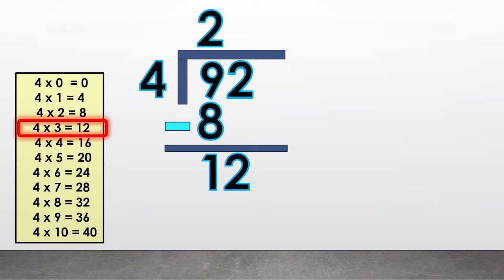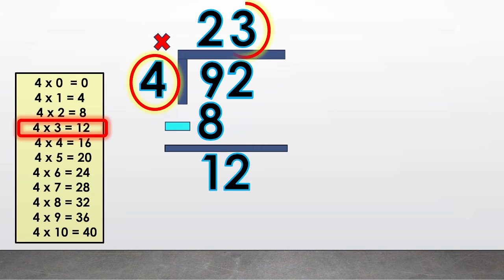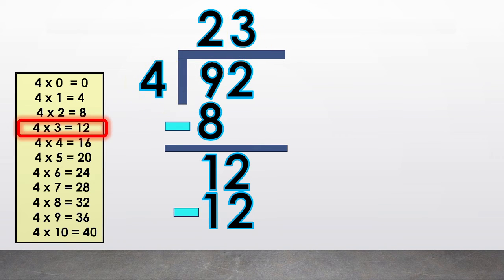Now, we write the 3 above the 2. Then, we will multiply 4 times 3. 4 times 3 is equal to 12. Now, we subtract 12 minus 12 equals 0.